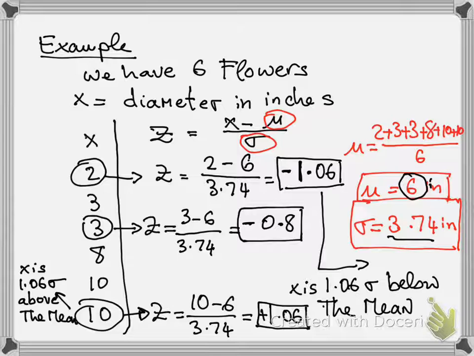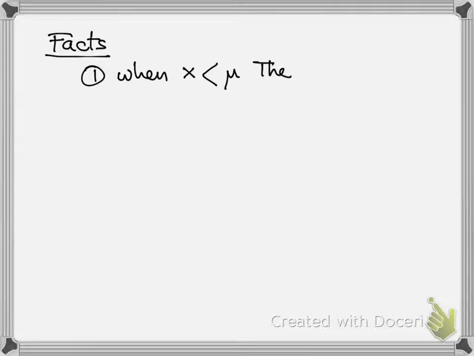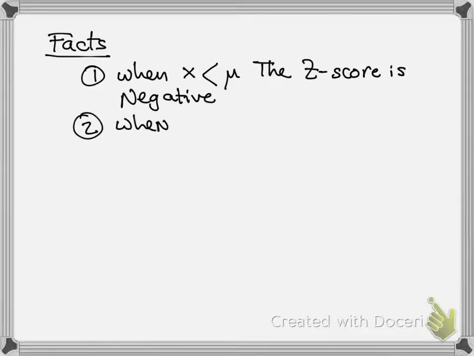And if x is larger than the mean, for example here x is equal to 10, then the z-score is positive. So in general, if x is less than the mean, the z-score is negative. When x is larger than the mean, the z-score is positive.